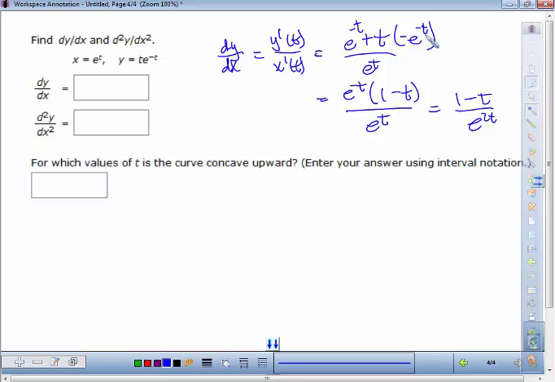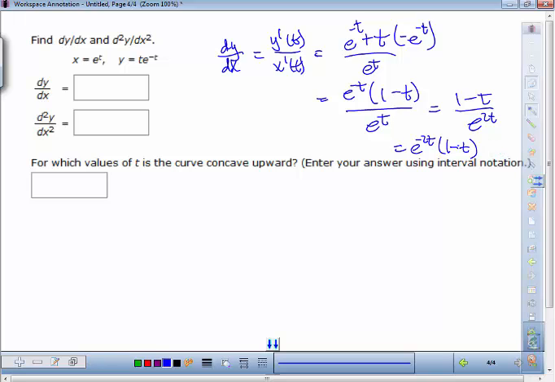So, in fact, most people probably would rather have this, so they just have to do the product rule instead of a quotient rule. Oh, yeah, let's do that. Maybe I might rather do that. For all you quotient rule haters. So that's our first derivative.